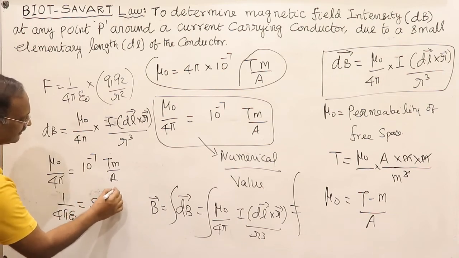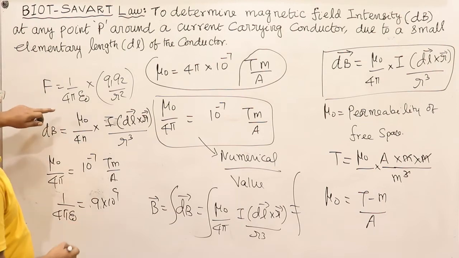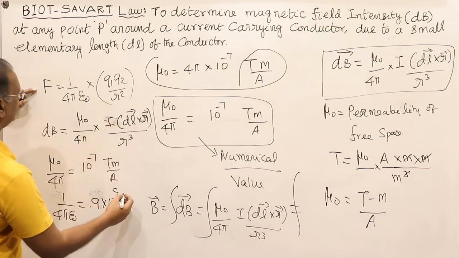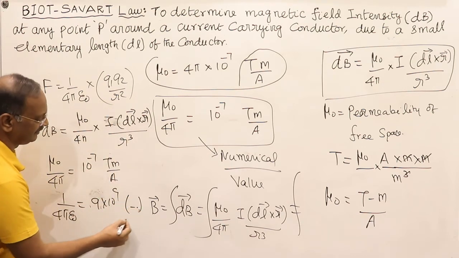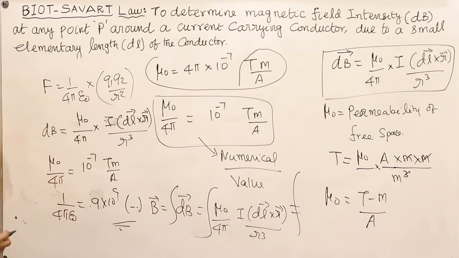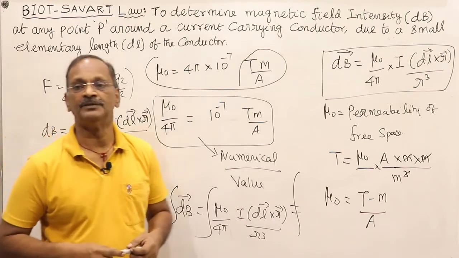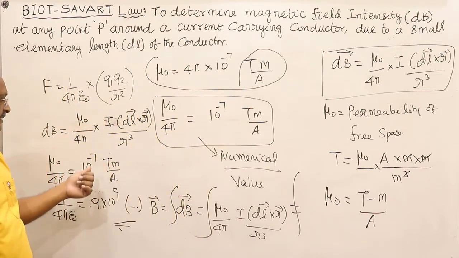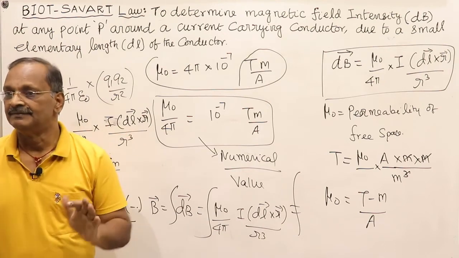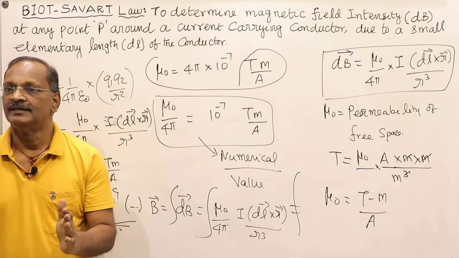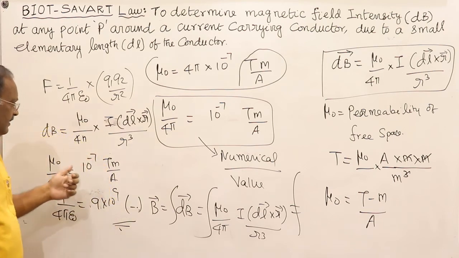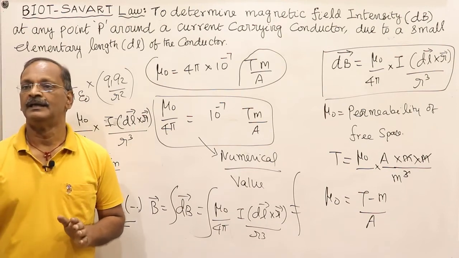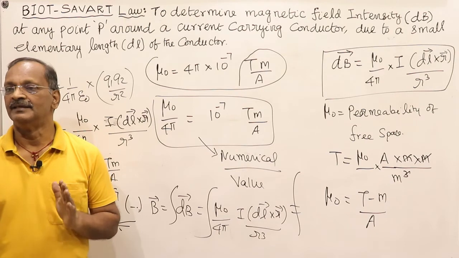So in this way we should be able to differentiate. Mu naught by 4 pi value is equal to 10 to the power minus 7 Tesla meter divided by ampere. If you want to find out only mu naught, take this 4 pi here. Mu naught is equal to 4 pi into 10 to the power minus 7 Tesla meter by ampere.